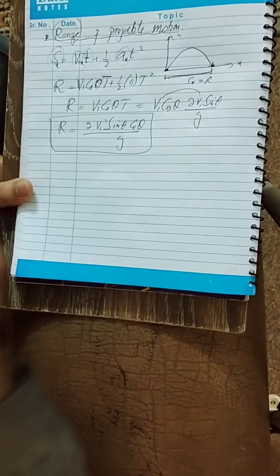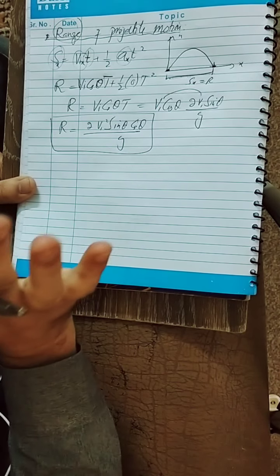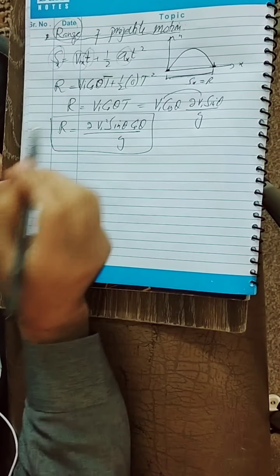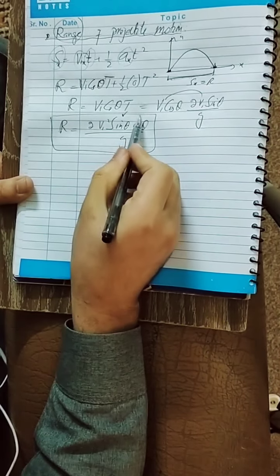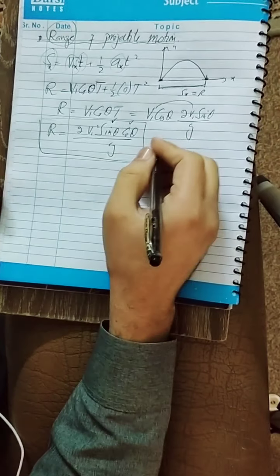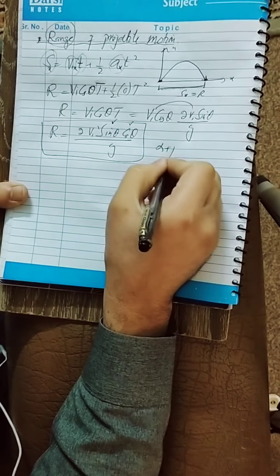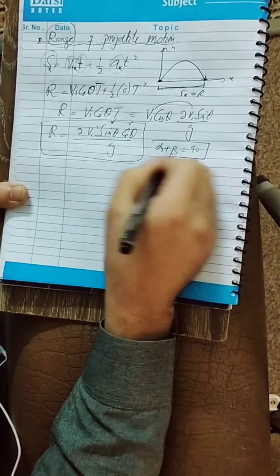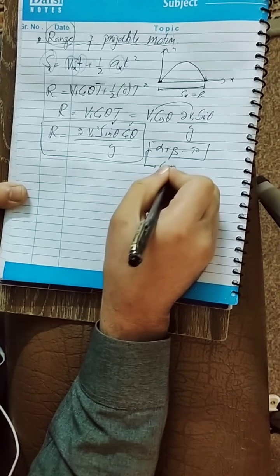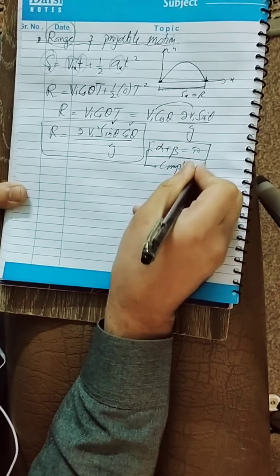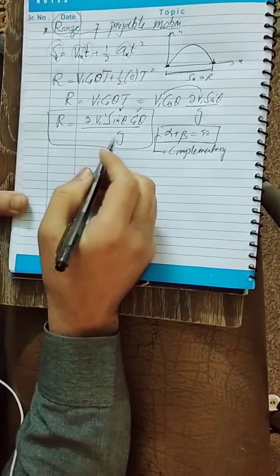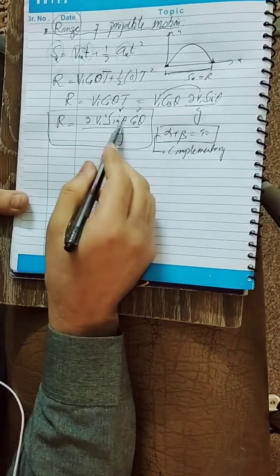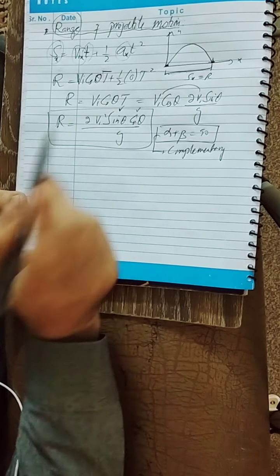What does this formula mean? This formula consists of sine theta and cos theta. And remember, when the sum of the angles is equal to 90, those angles are called complementary angles. For complementary angles, the sine and cos values will always remain the same.